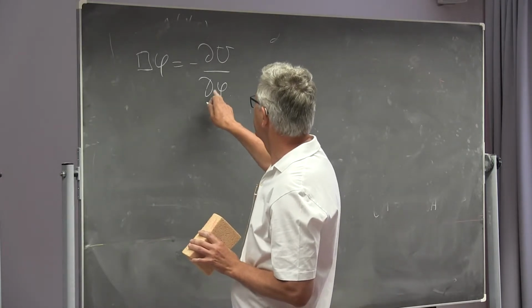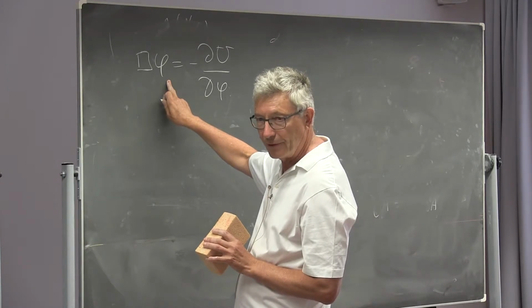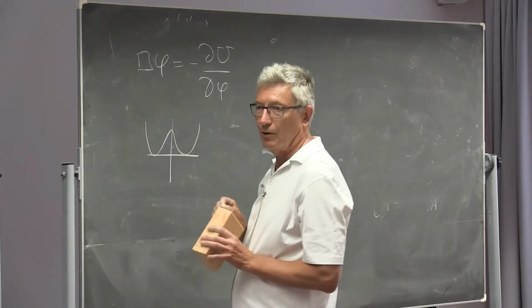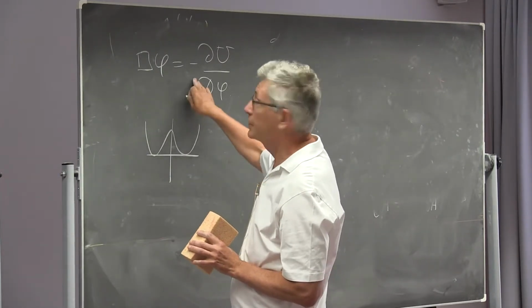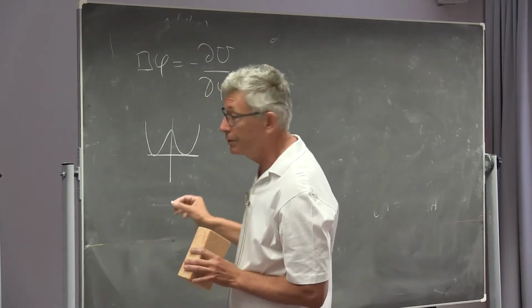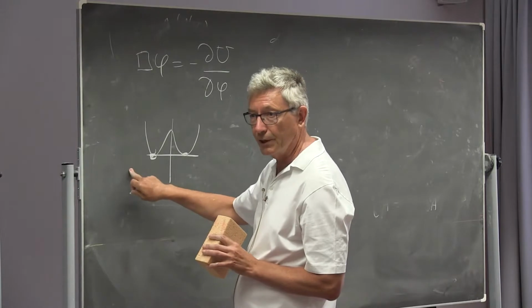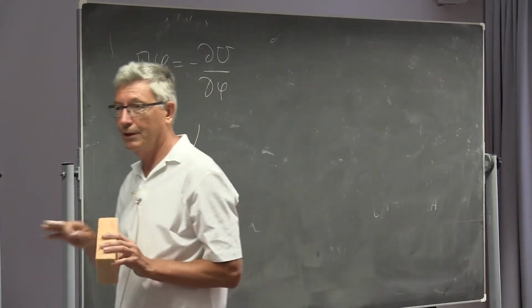And if I take a particular direction in phi, for instance, take phi real, we have a double-well potential, and I guess you know very well that there is a solution to this equation, which is non-trivial, which has different asymptotics when x goes to plus infinity and minus infinity, and the solution is called the kink.